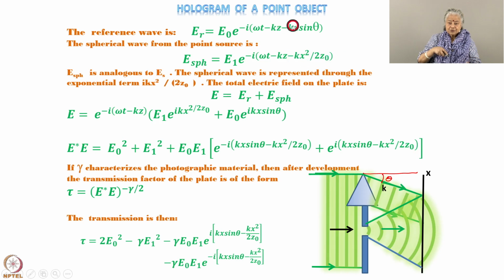This term itself shows that it is a plane wave, and this term with a quadratic x term in it comes very often in the case of Gaussian beams, where these wavefronts, which are spherical in nature, are growing outwards.